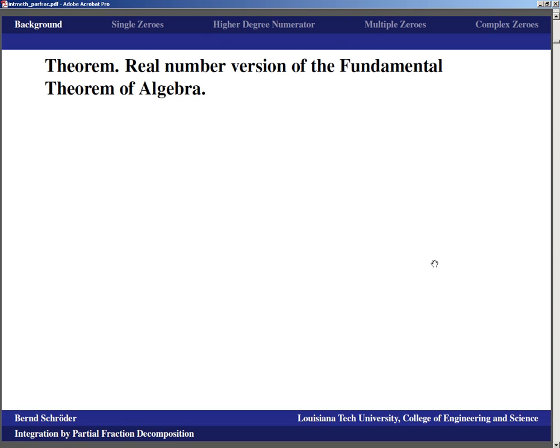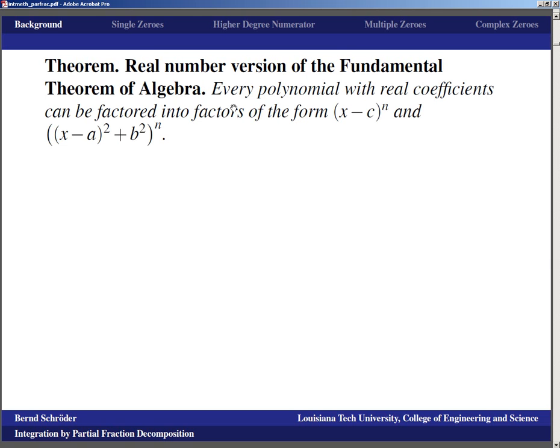So the first theorem that we need as background is the real number version of the fundamental theorem of algebra, which says that every polynomial with real coefficients can be factored into factors of the form (x minus c) to the n and ((x minus a) squared plus b squared) to the n, where these n's don't have to be the same exponent.